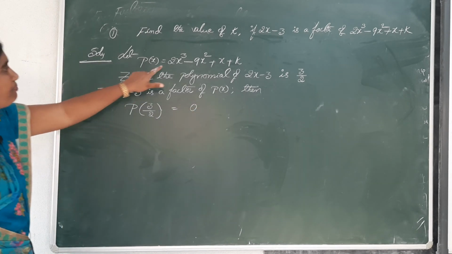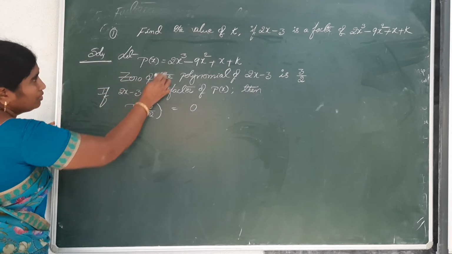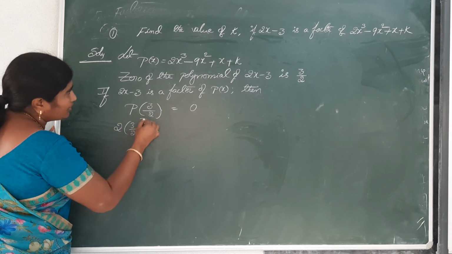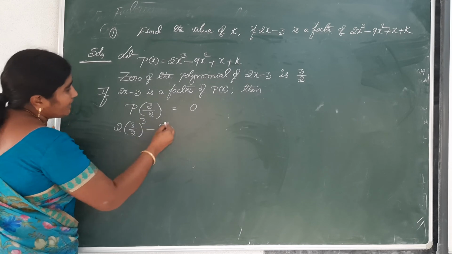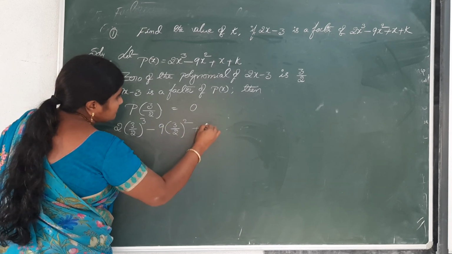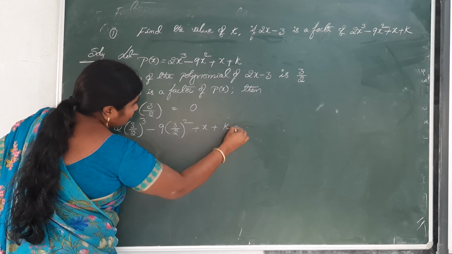On replacing x by 3 by 2: 2 into 3 by 2 whole cube minus 9 into 3 by 2 whole square plus x plus k equal to 0.